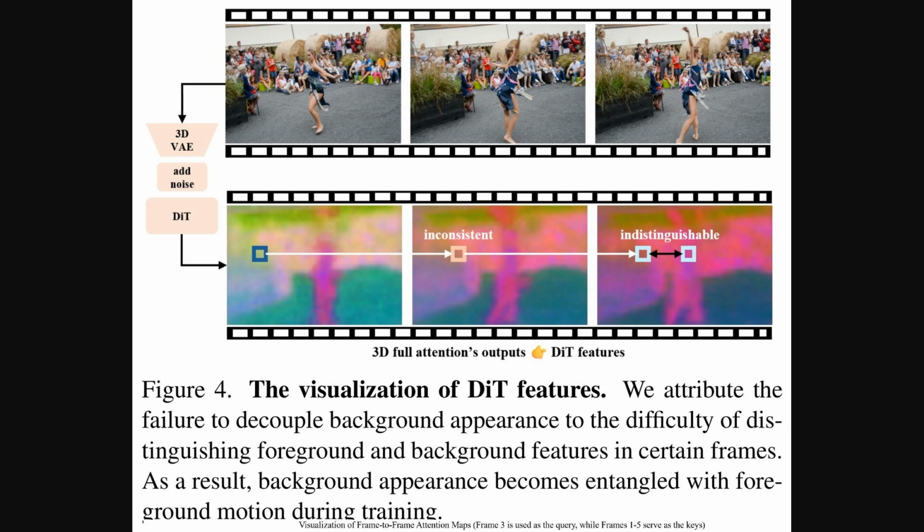Below that, the corresponding DiT features are shown. The issue highlighted is that in some frames, the features for the foreground person and the background become inconsistent and then indistinguishable. Essentially, they get tangled up, making it hard for the model to properly separate the subject's appearance from its motion.